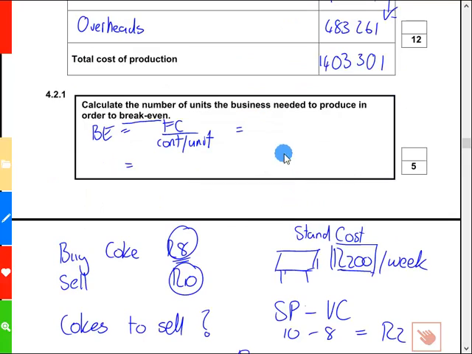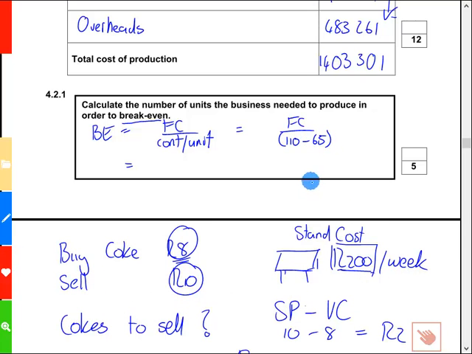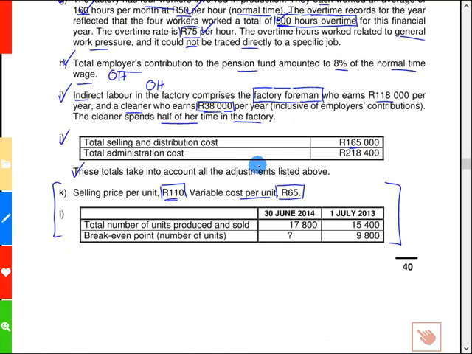So my contribution is going to be fixed cost over 110 minus 65. Next question is, what is my fixed costs? And this is a little bit more tricky because they didn't tell us what our fixed costs are.